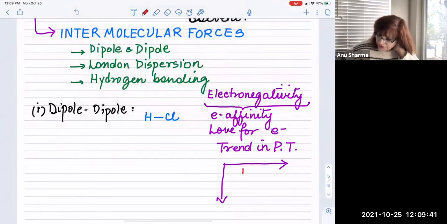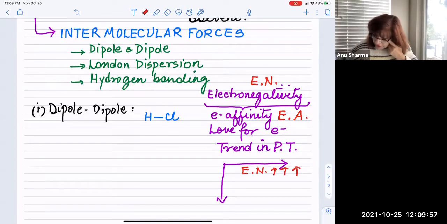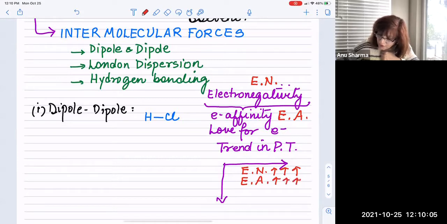So electronegativity is EN and electron affinity is EA. Okay, so electronegativity increasing, and electron affinity also increases when you move from left to right in the periodic table.